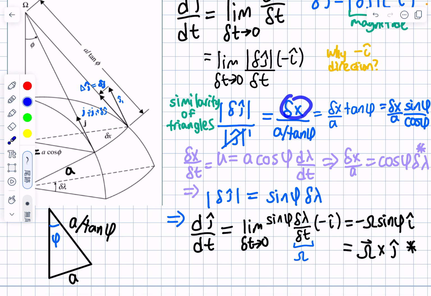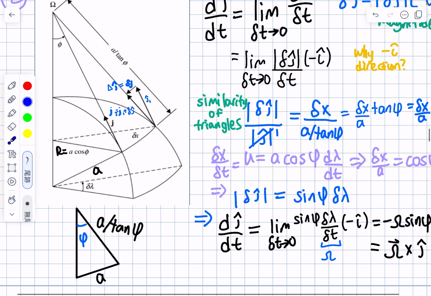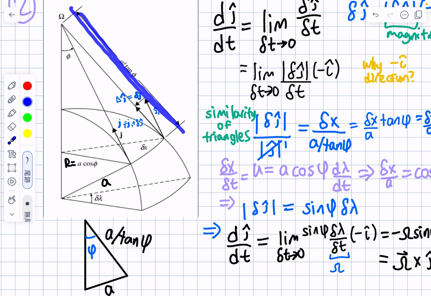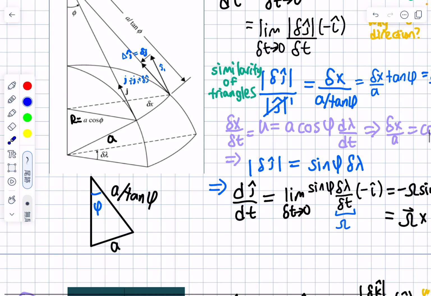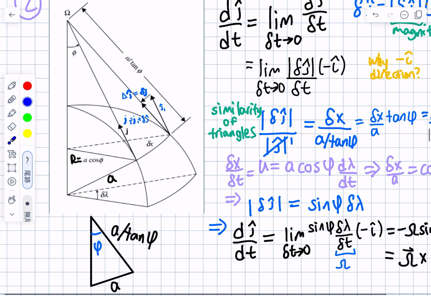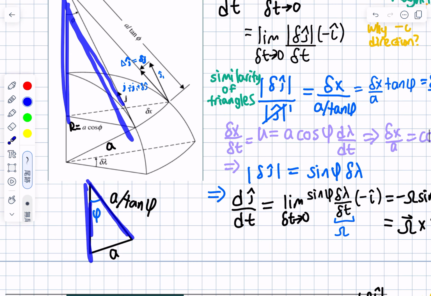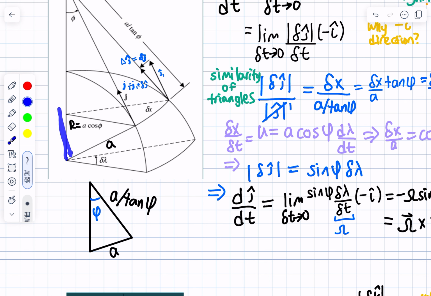So we get dx over a over tangent phi. Now why is this side called a over tangent phi? You can look at it like this. We have this side here, this side here, and then we can write it all the way down. We have a. So this is adjacent, this is opposite, this is the hypotenuse.